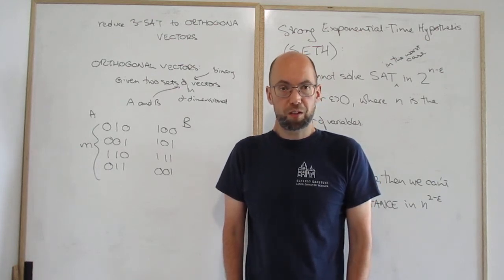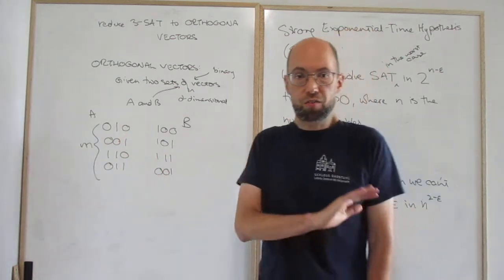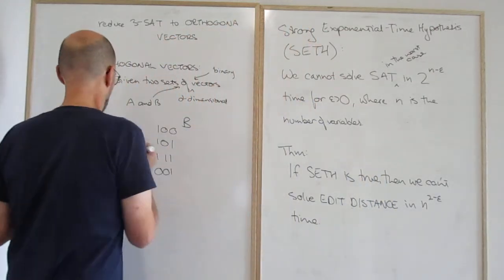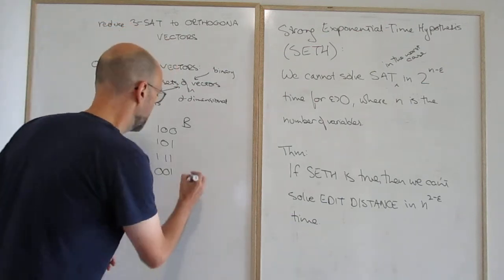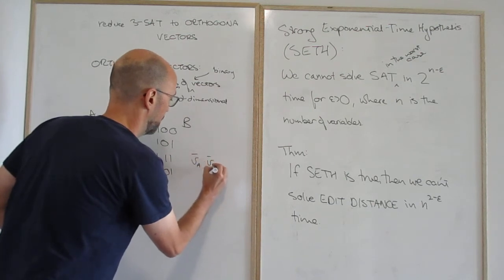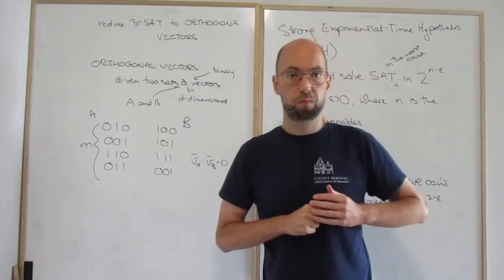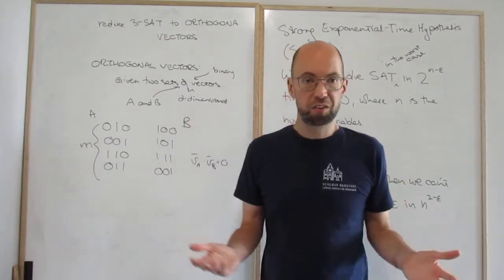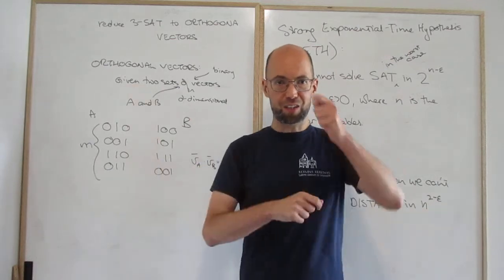Just tell me, can you pick a vector V sub A in A and a vector V sub B in B such that V sub A dot V sub B equals 0, so they're orthogonal? You check every vector in A and every vector in B, a pairwise thing.